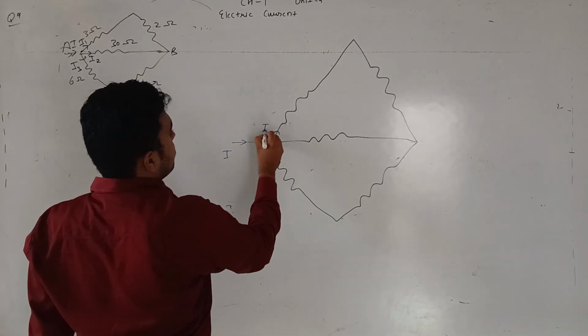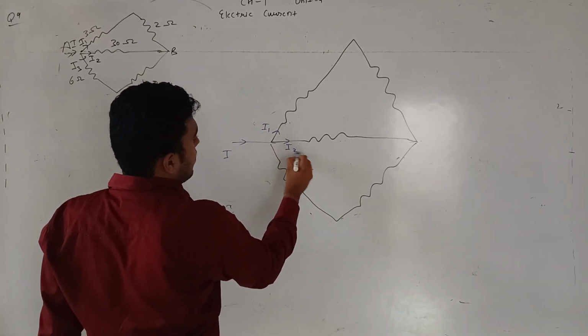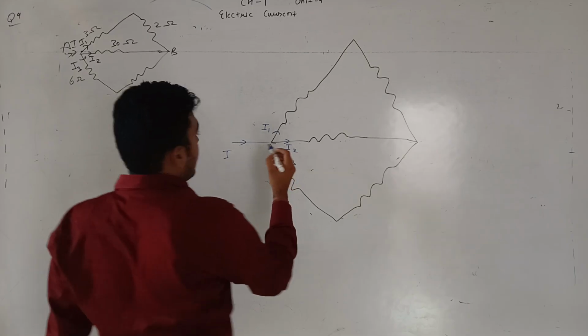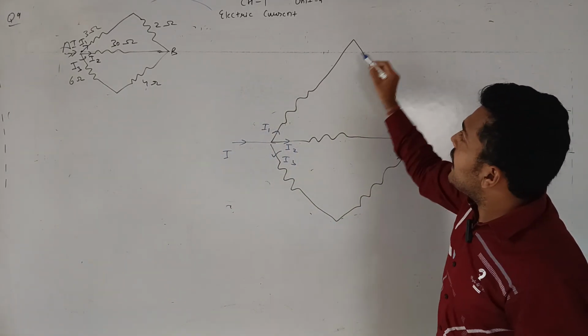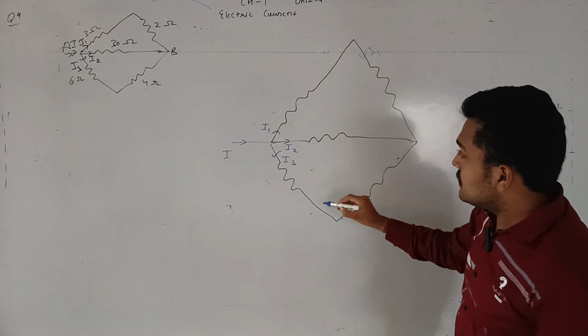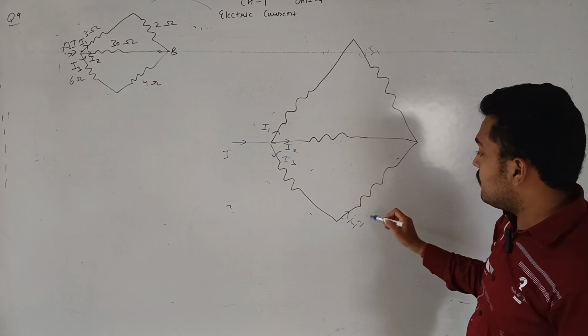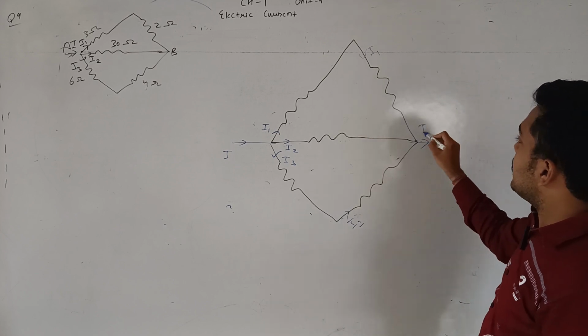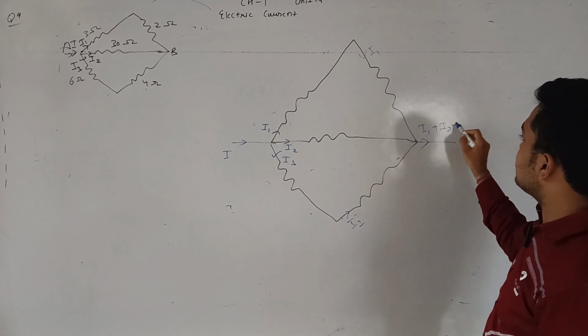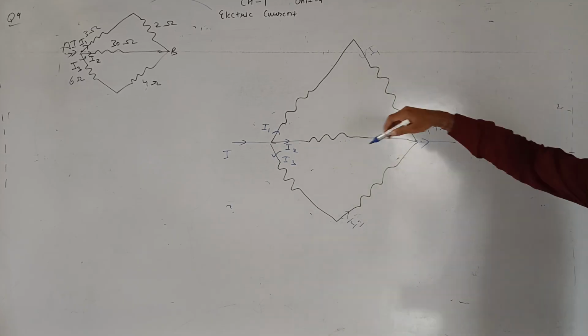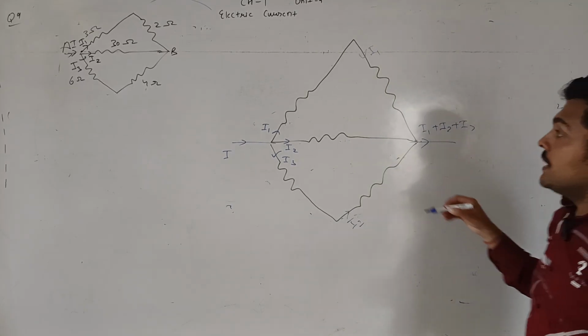So I1 here, I2 here and I3 current will go here. The same I1 current will come out from here, the same I2 current from here, and all the currents I1 plus I2 plus I3 will come out from these 3 branches.